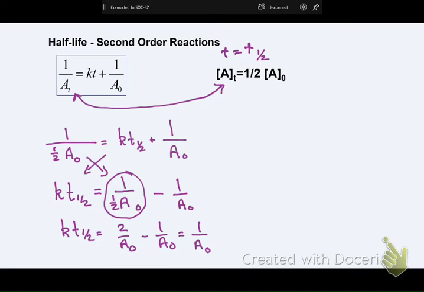That leaves me with this equation. k t 1/2 is equal to 1 over A0.